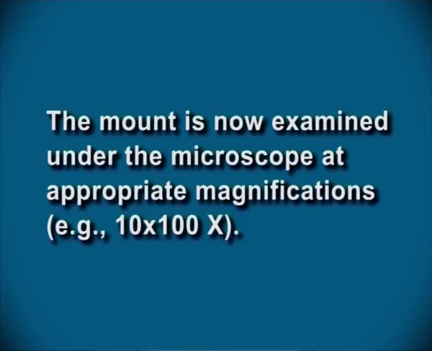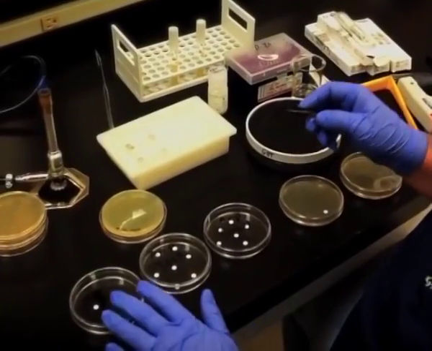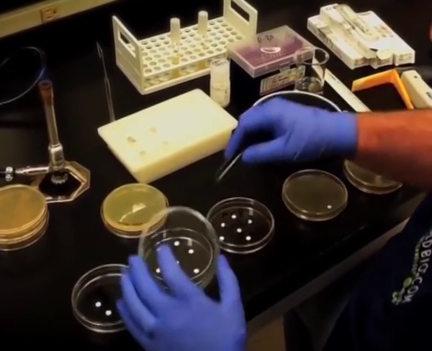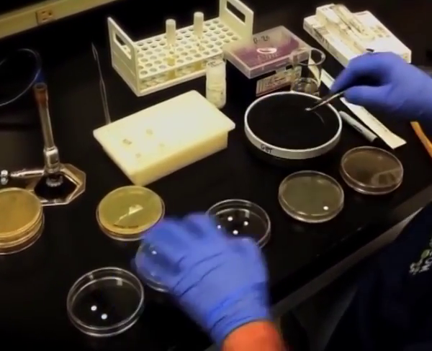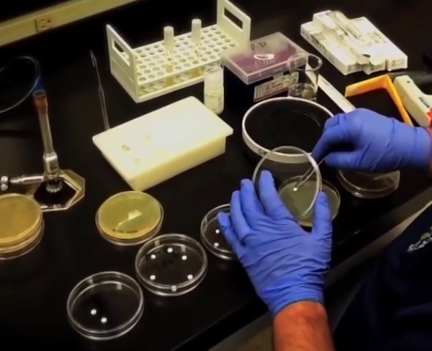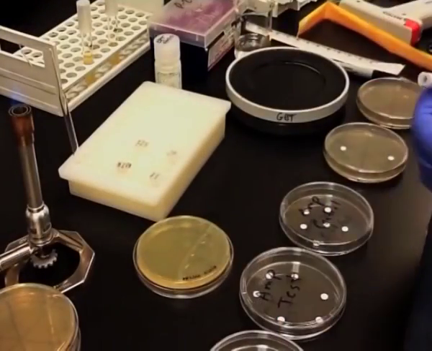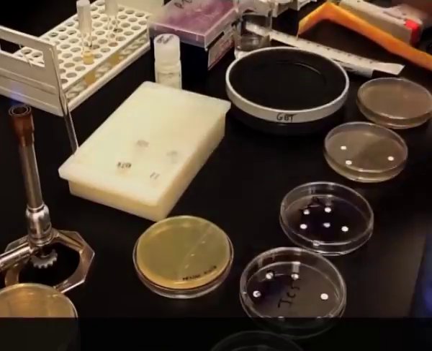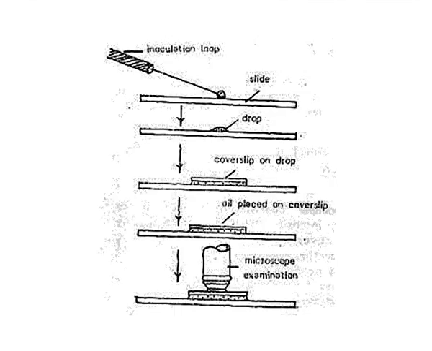The mount is now examined under the microscope at appropriate magnifications, for example, 10 to 100x. This method is commonly used to view microscopic organisms that grow on liquid media, especially when studying their movement and behavior. Figure 2 shows the procedure for wet mount method.